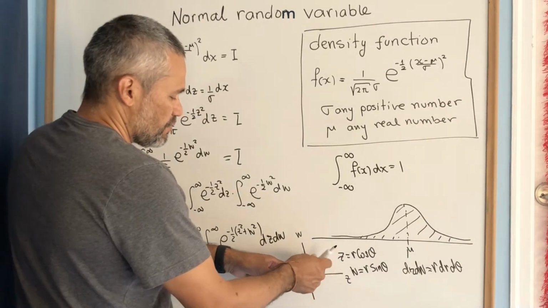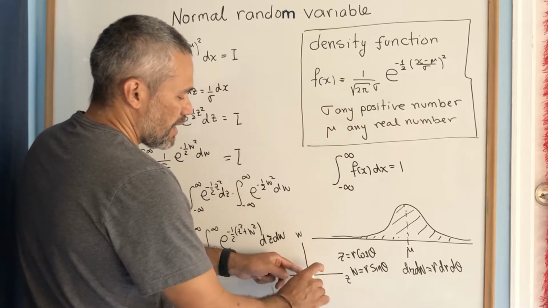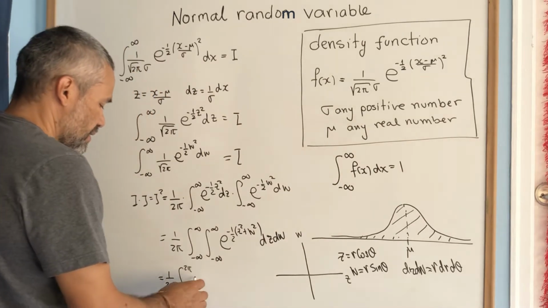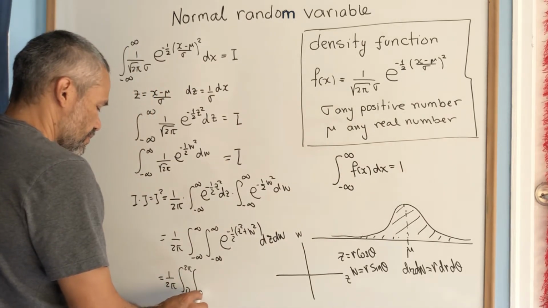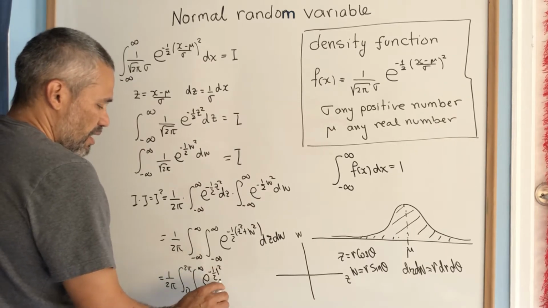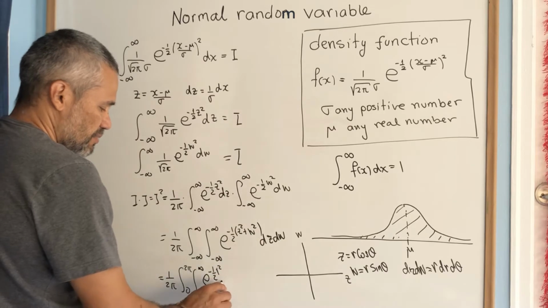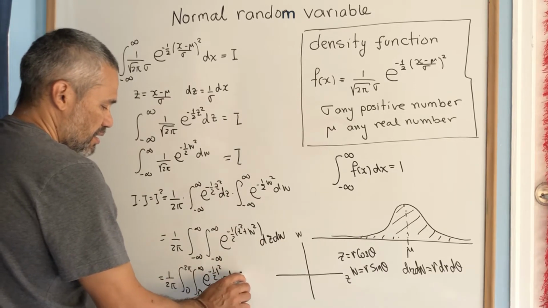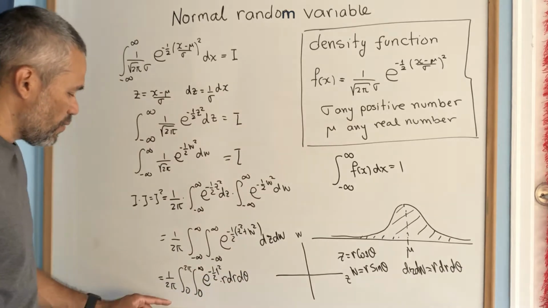Theta will go from 0 to 2 pi, and r will go from 0 to infinity, so that we cover the whole plane. And this is the integral from 0 to infinity of e to the negative 1/2 r squared, r dr d theta.